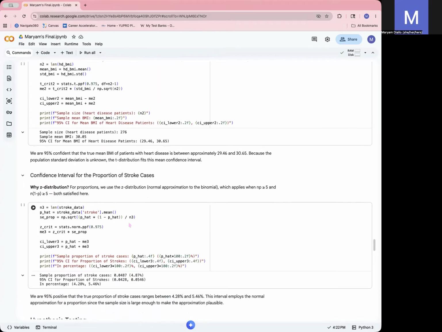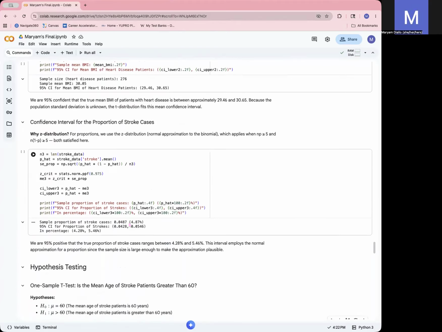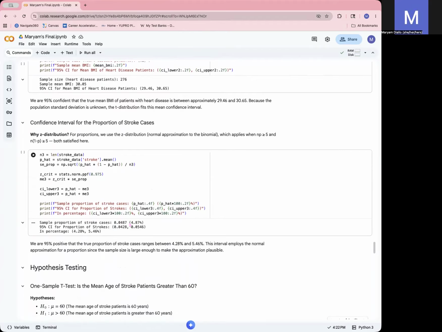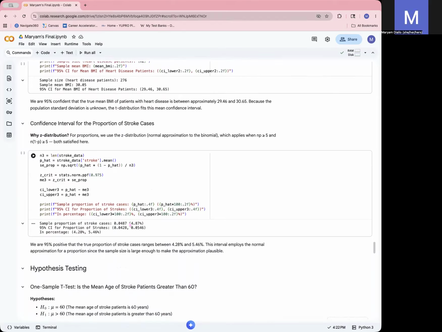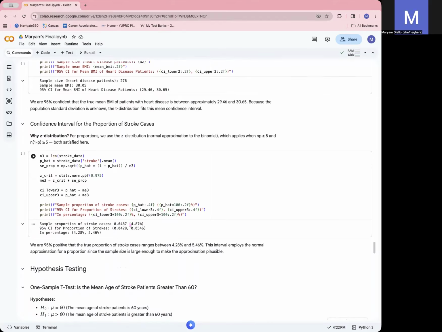And then our third confidence interval is for the proportion of stroke cases in the overall data set. For proportion, I switched to a Z distribution, the normal approximation, because the sample size is large enough for that to be appropriate. Both np and n times one minus p were well above 5, so the condition was satisfied.